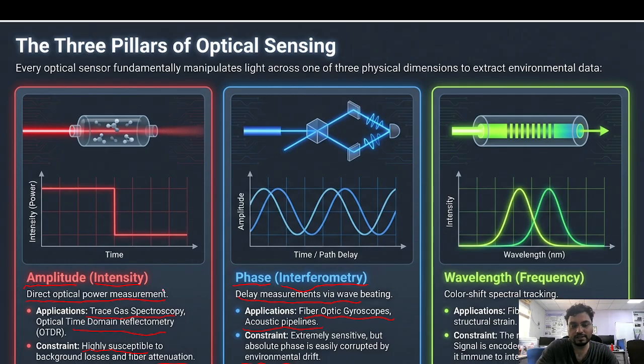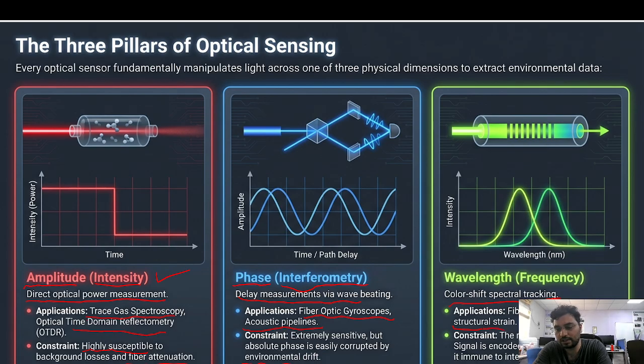Then moving towards wavelength. The most rugged is amplitude, but it has background losses and fiber attenuation, which is why the intensity can survive up to a few hundred kilometers. What about wavelength? Wavelength frequency shift or color shift tracking, spectral tracking. The applications are FBG and structural strain.